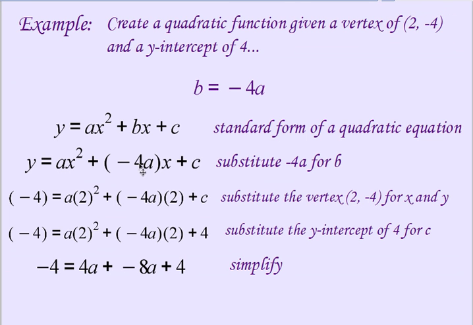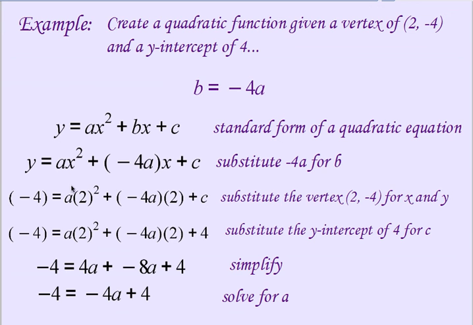And then of course I'm going to simplify that further by combining like terms. 4a minus 8a combines to give me a -4a. So now I have -4 equals -4a plus 4.